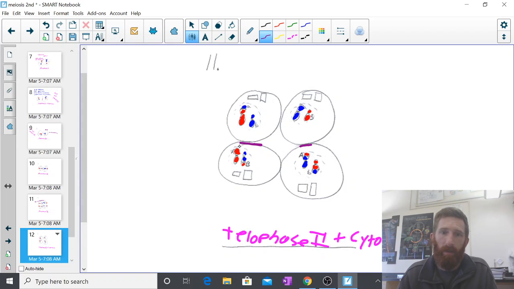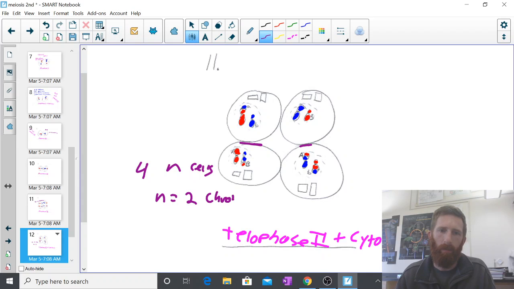Once we have our cells separated, we have 4 haploid cells. So we have 4 N cells, and remember, N equals 2 chromosomes. Haploid equals 2 chromosomes. And now notice, this is so cool.